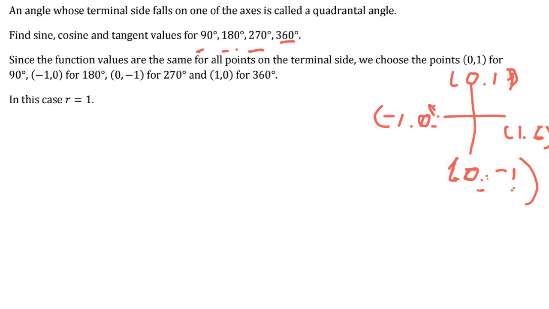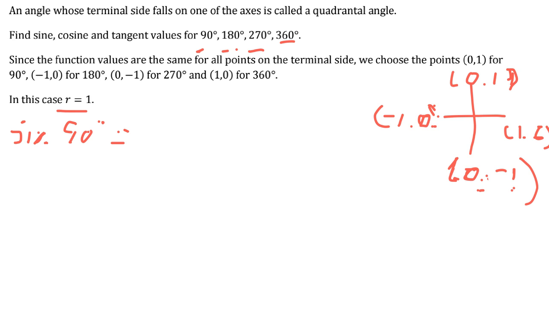If we're looking right on the quadrants, for sine of 90, sine is opposite over hypotenuse. Hypotenuse, or r, is 1.